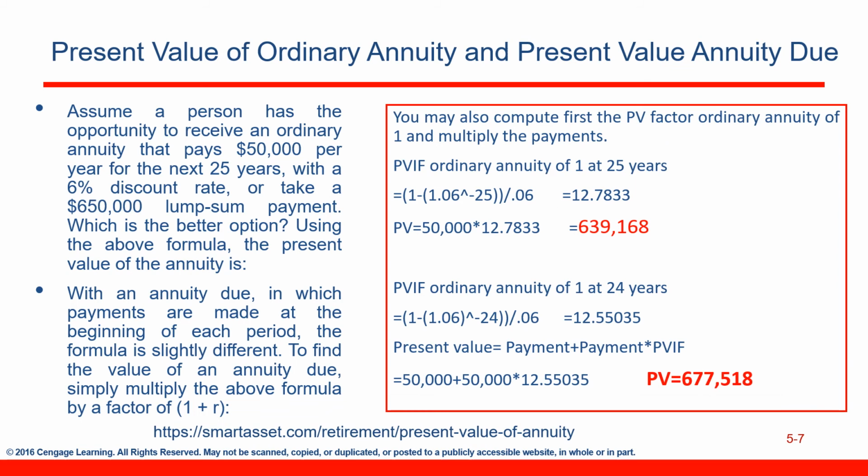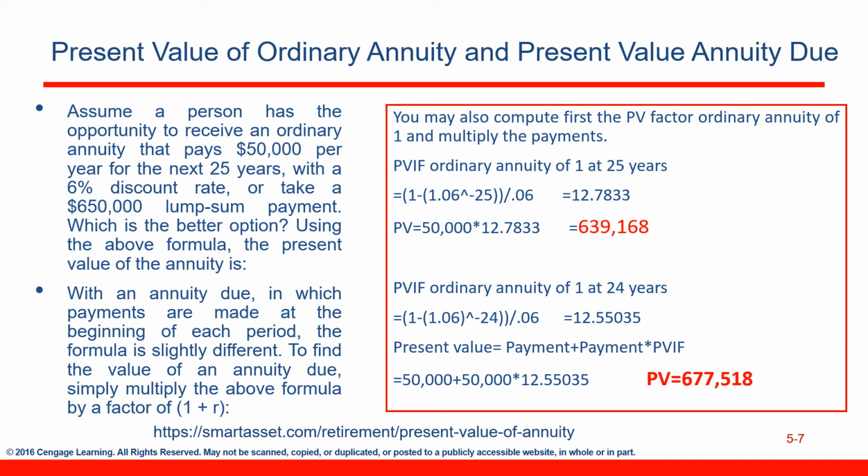Next, another example of present value of ordinary annuity and present value annuity due. Assume a person has the opportunity to receive an ordinary annuity that pays 50,000, still the same as our problem a while ago, but now we are using another method.